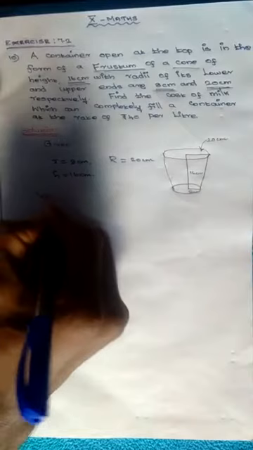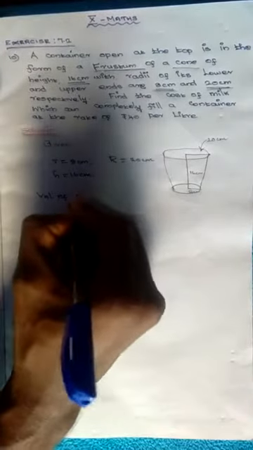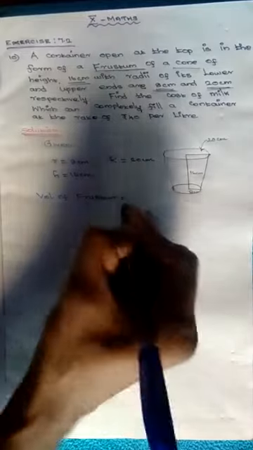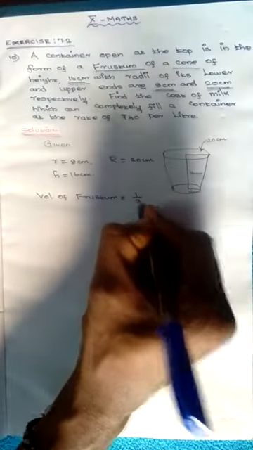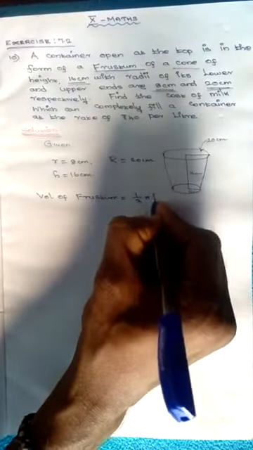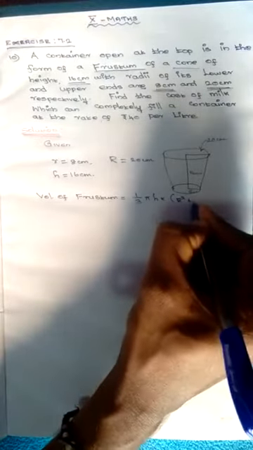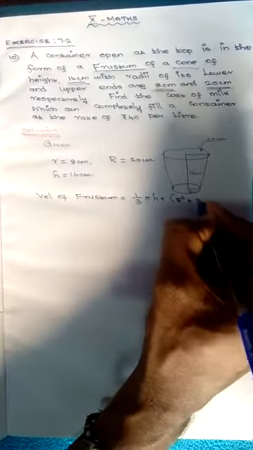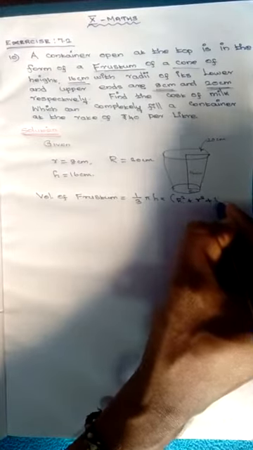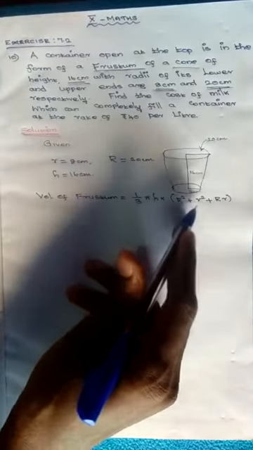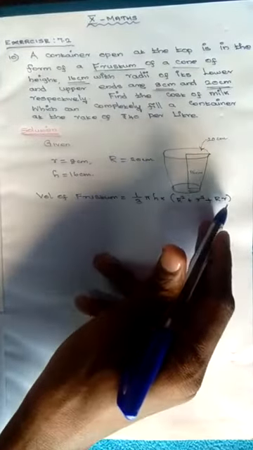Volume of frustum: we know the formula, volume of frustum equal to 1 by 3 pi h into (R squared plus r squared plus R into r).